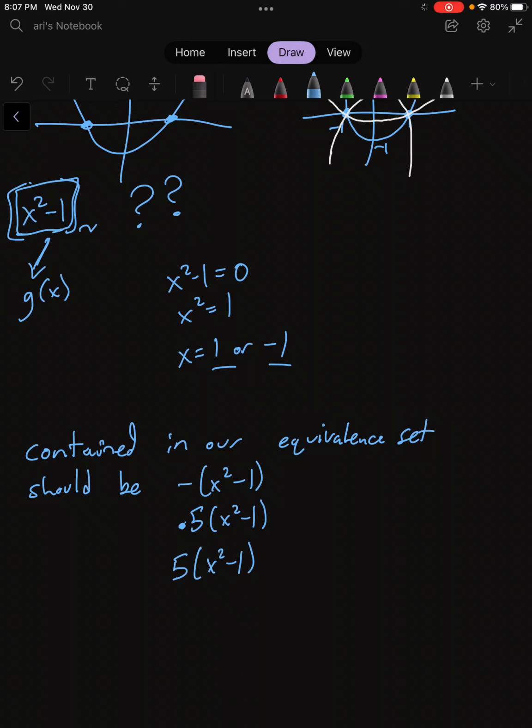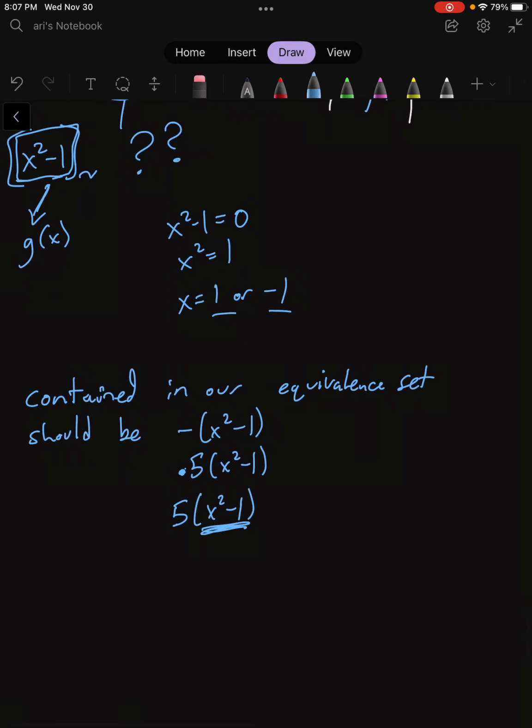And if you go on one of those softwares where you could do a lot of plots, you could see this, where if you keep the x squared minus 1 constant and you just multiply it by different coefficients, you're gonna get the same zeros every time. Even here, if we set this to 0, we're still gonna be getting that x equals plus or minus 1, because we could divide out the 0.5 and cancel it out basically.